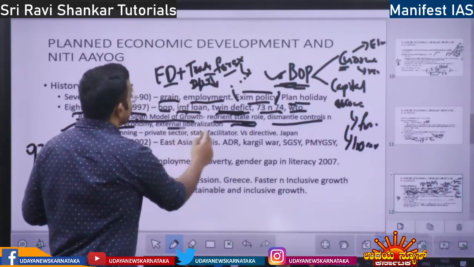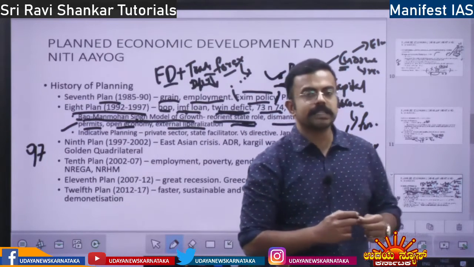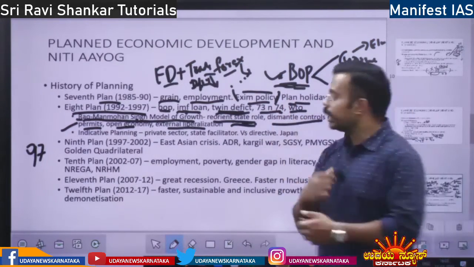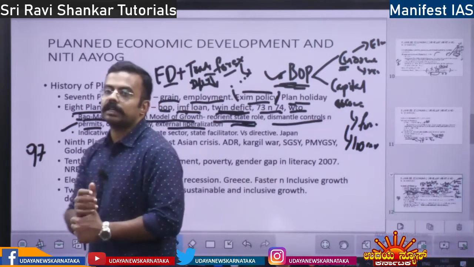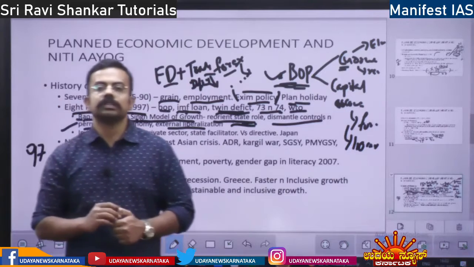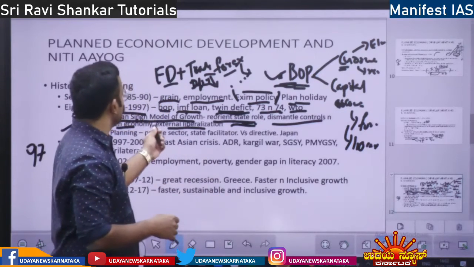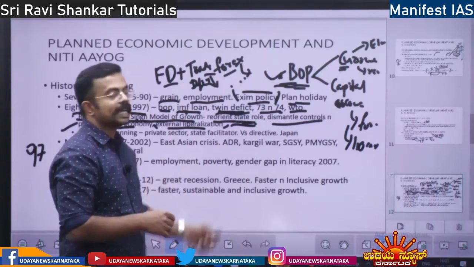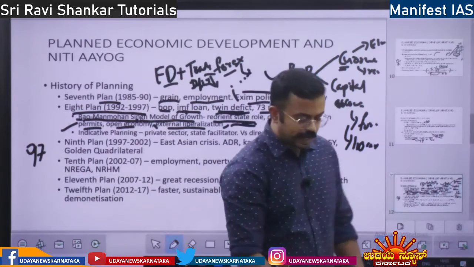Next, external liberalization. External liberalization means from outside, FDI investment, imports of goods, import of technology, everything was allowed. Externally we liberated the economy.